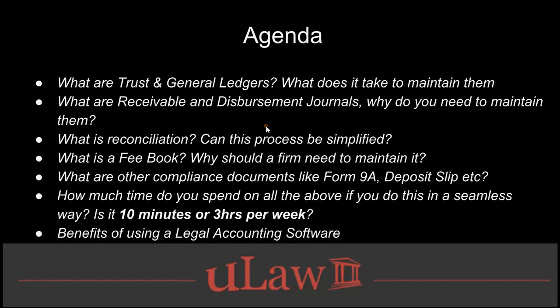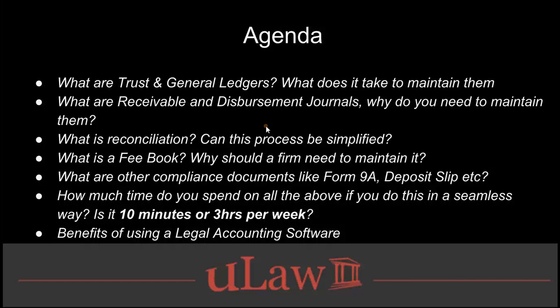What are receivable and disbursement journals? Why do you need to maintain them? These are another set of documents that we outline within the Law Society's compliance. We'll talk about trust and general ledgers, very fundamental. We'll jump into receivable and journals for your disbursements. We'll talk about the whole reconciliation process.